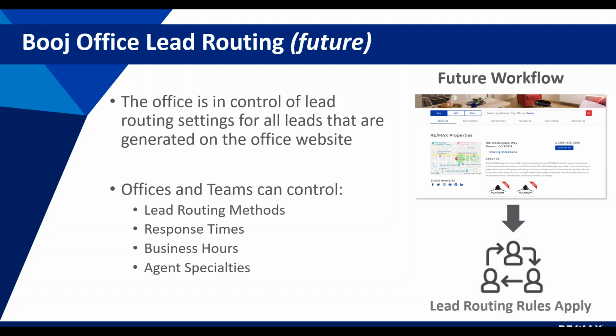I think for executive, it's going to be obviously round robin. But teams have the ability to do a lot of different types of routing. They can do it based on response times, values of the home, certain markets. They can also do it by different hours. They can do it by agent specialties, right? If I have some buyer's agents, all buyer's leads are going to go to those agents, et cetera.